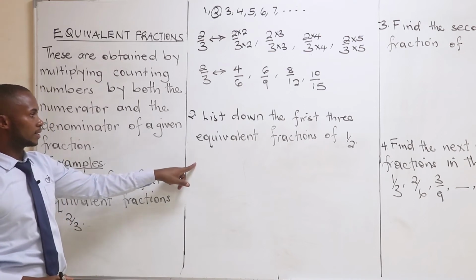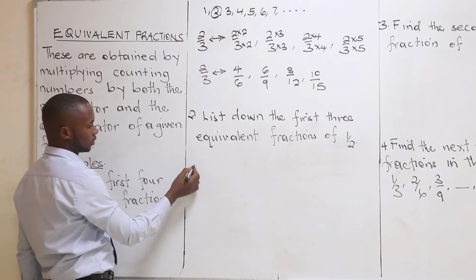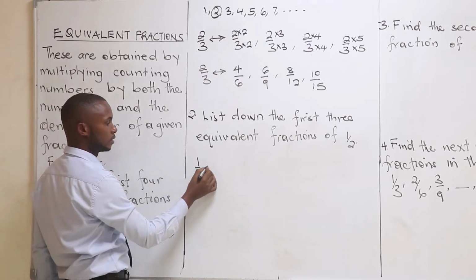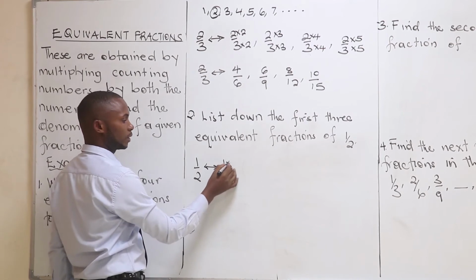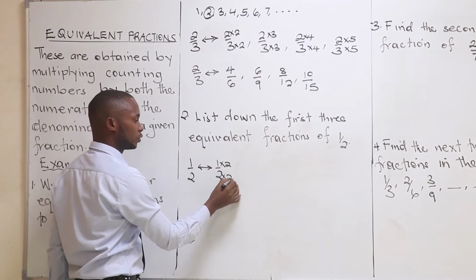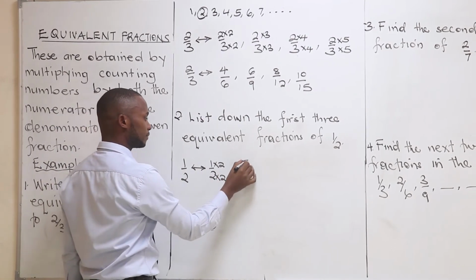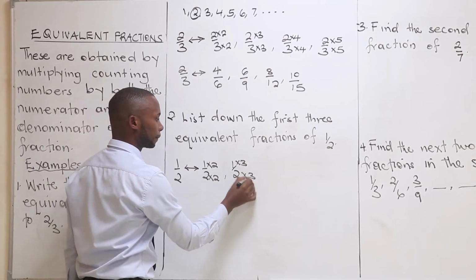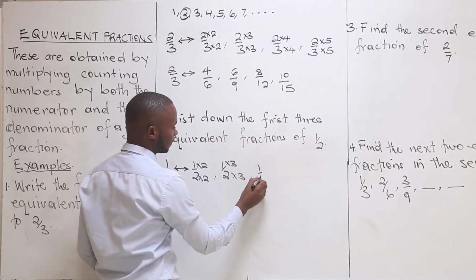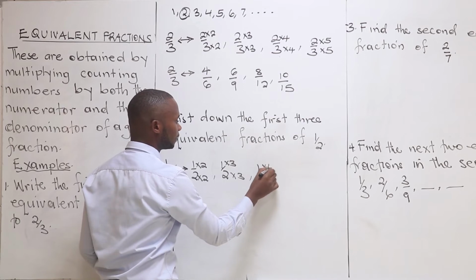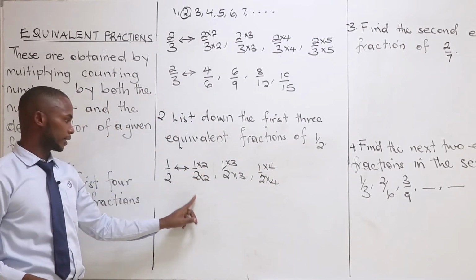Let's find the first 3 equivalent fractions of a half. Still, we shall do the same thing. A half is equivalent to a half multiplied by 2 by 2. Then a half by 3 by 3. Then still a half by 4 by 4, because they are only the first 3 fractions.